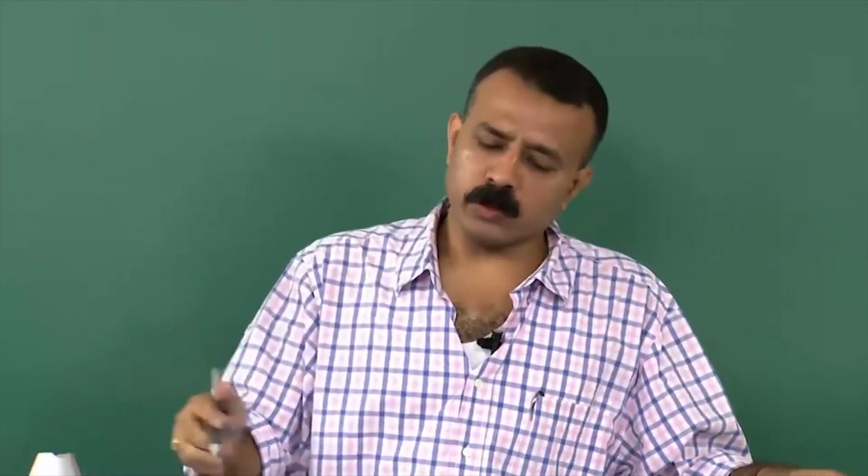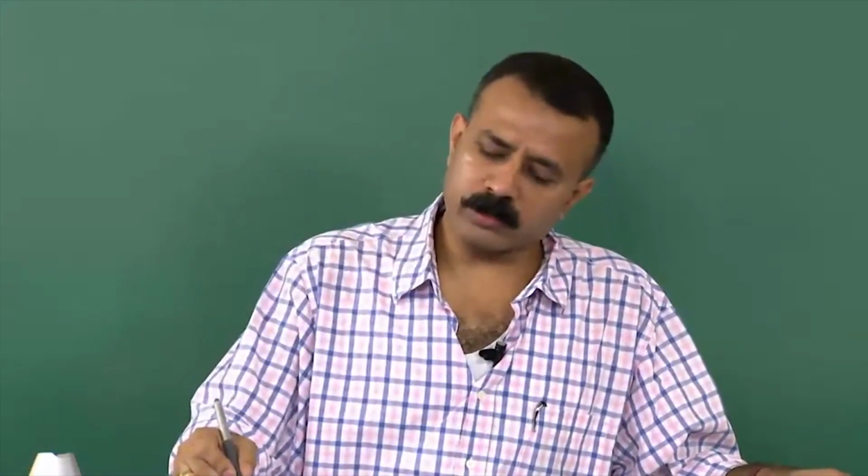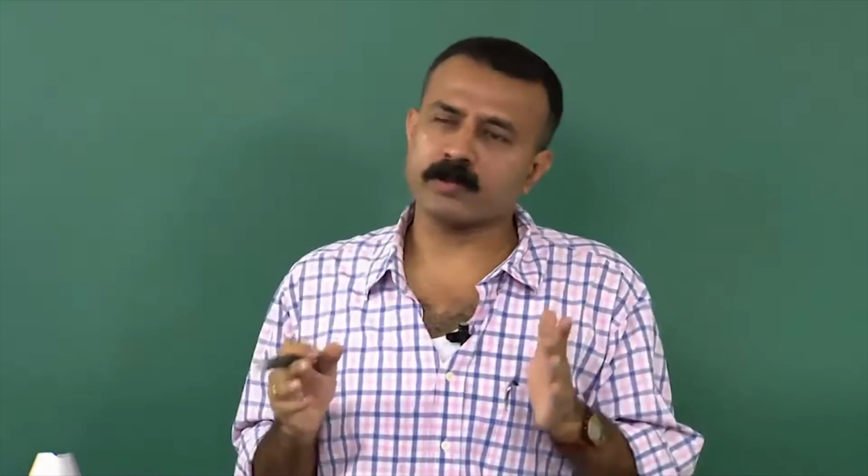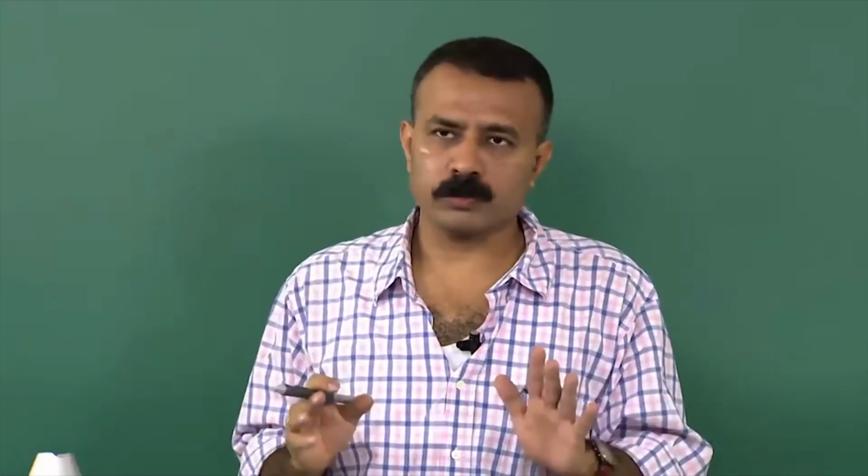Essentially, you can tell the molecular biologist which particular sequence should be mutated, or you can share with them which particular part may be involved in voltage sensing or gating or a selectivity pore, and so on and so forth.